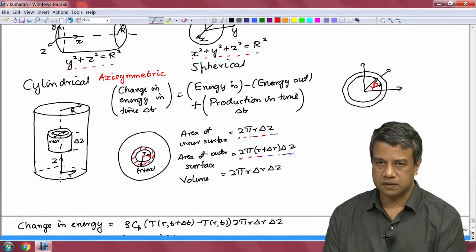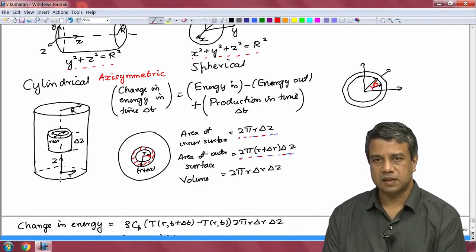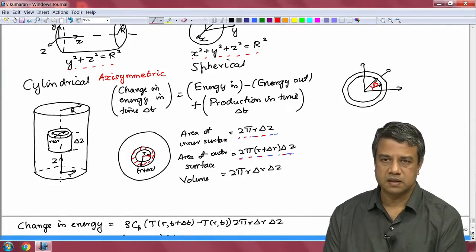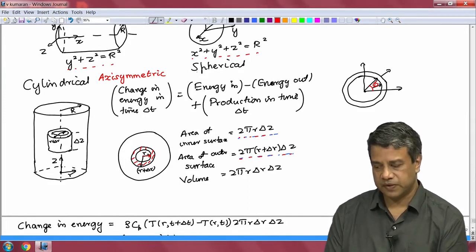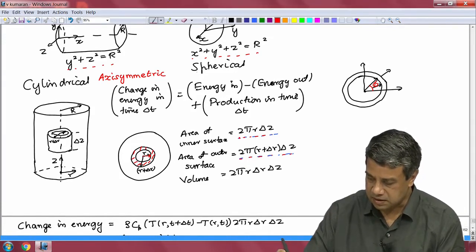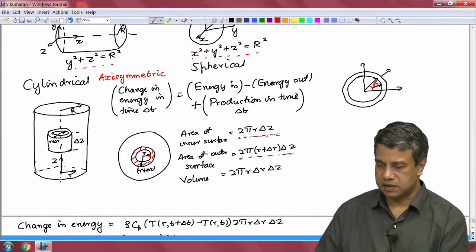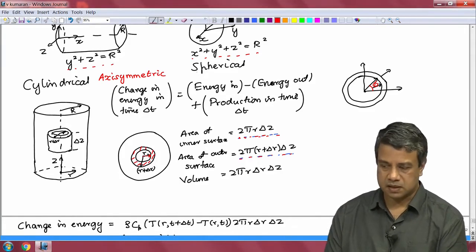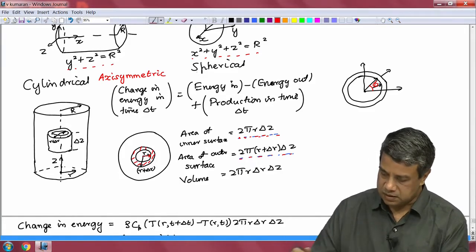That is the volume for which we will be doing a balance, and we will assume that the variation is only in the r direction. In that case, the inner surface has surface area 2 pi r delta z, the outer surface has area 2 pi into r plus delta r into delta z, and this is the volume.